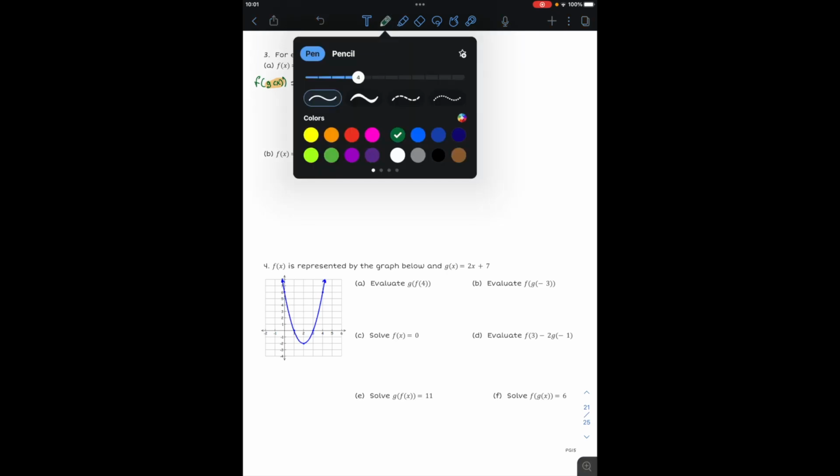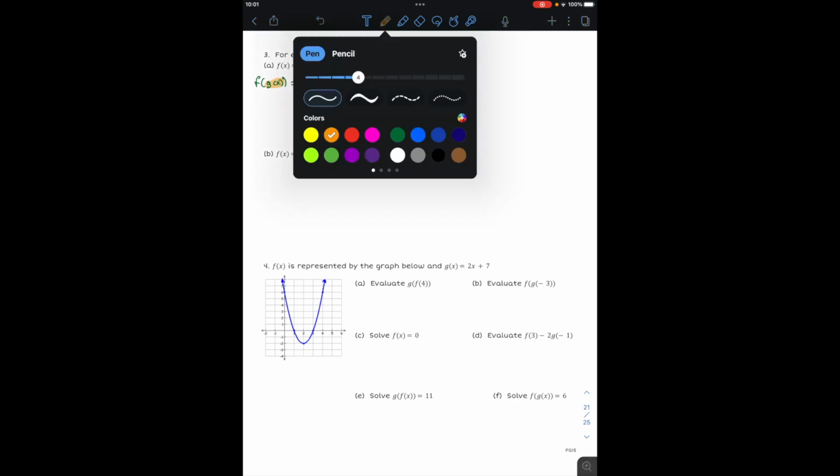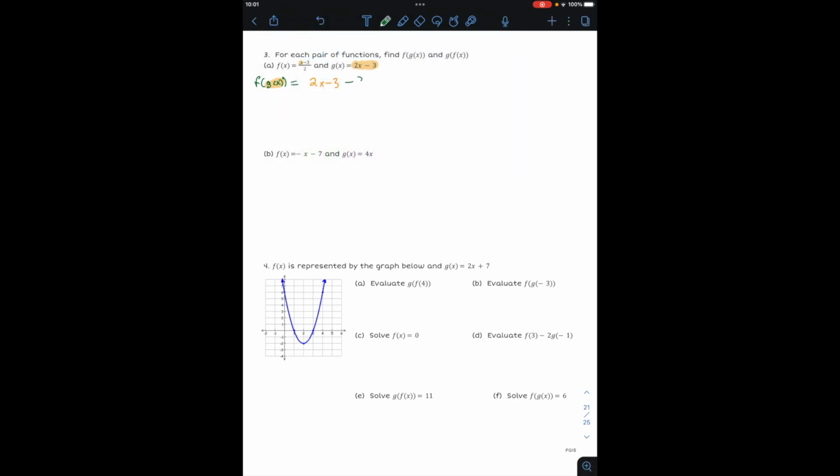So it's going to be equal to, let's do a little color coding, 2x minus 3 all over 2. So notice how I've replaced that x with g of x. G of x is my input into the f function. Then I just have to simplify this down. So it would be 2x minus 6 over 2. Common factor of 2 can be canceled out, so it's equal to x minus 3.